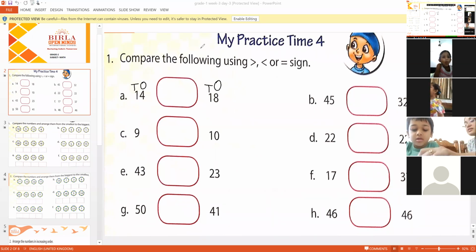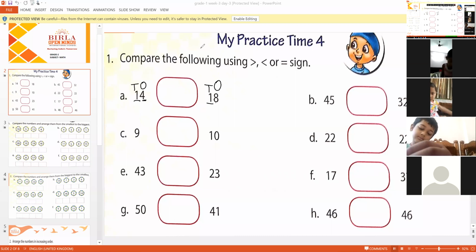I have told you that our first step, if you want to compare two-digit numbers, is to always compare the numbers in tens place. So in 14 and 18, in tens place we have the same number, that is 1. So we cannot say which number is smaller or greater. So we will move to the numbers in ones place.